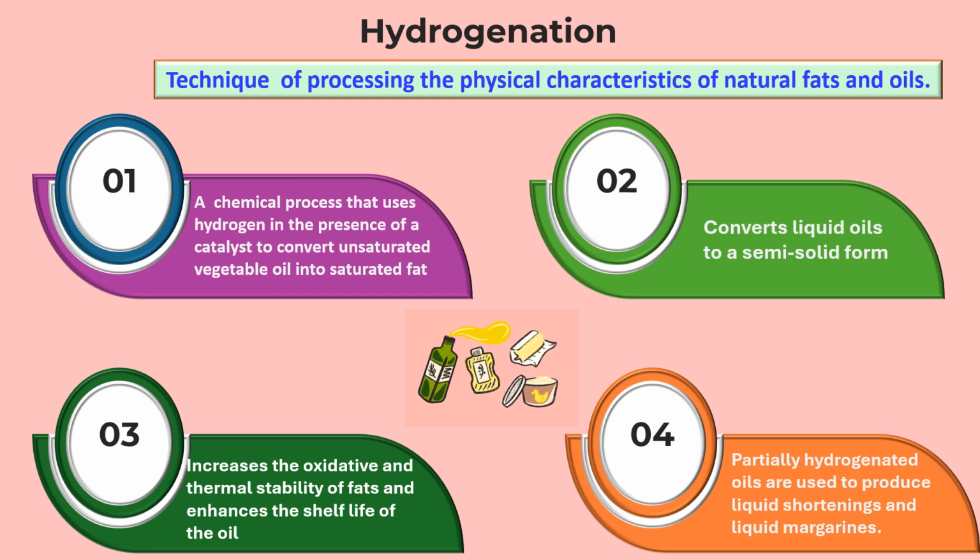The process converts liquid oils into a semi-solid form. It increases the oxidative and thermal stability of fats and enhances the shelf life of the oil. Partially hydrogenated oils are used to produce liquid shortenings and liquid margarines.